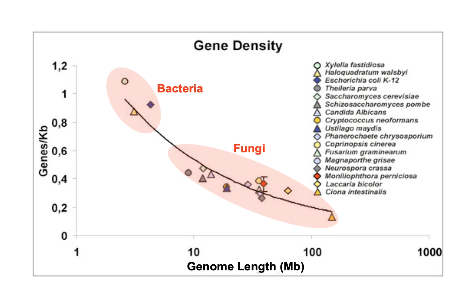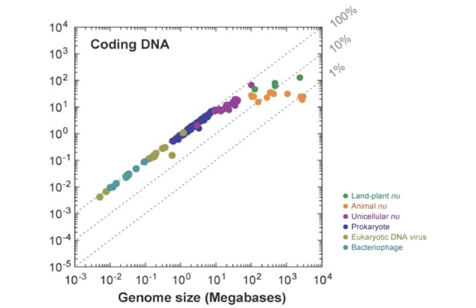Here's another graph to illustrate that genome size at the bottom, and then the amount of coding DNA. So the amount of DNA that is encoding mRNA genes or mRNAs. So you can see that bacteriophage, eukaryotic DNA viruses, prokaryotes, and to a certain extent unicellular nuclei, that is eukaryotes, about 100% or close to 100% of the genome is made up of mRNA genes.